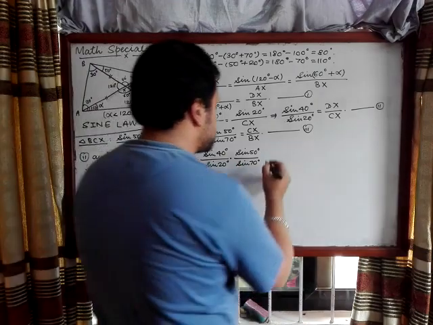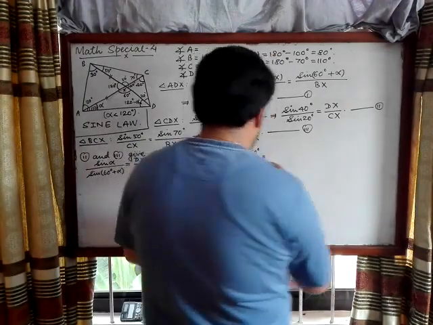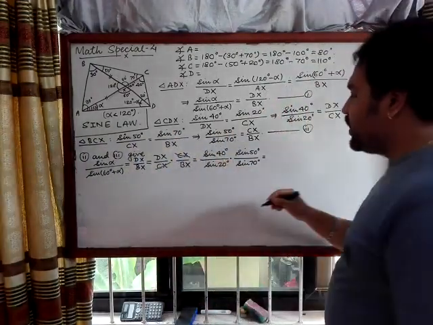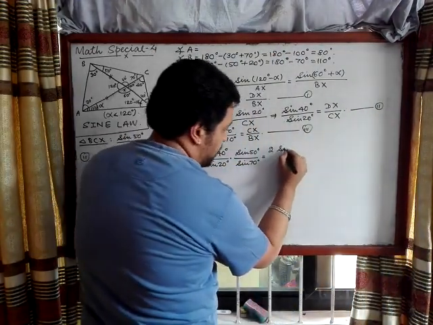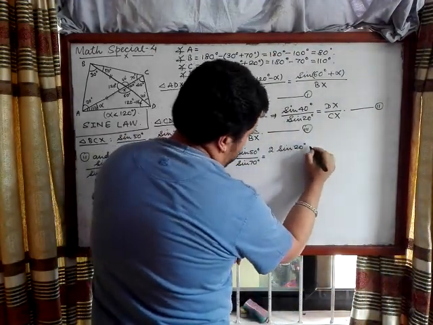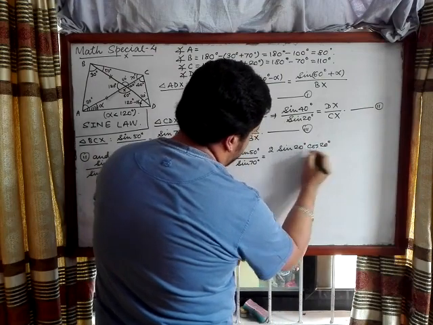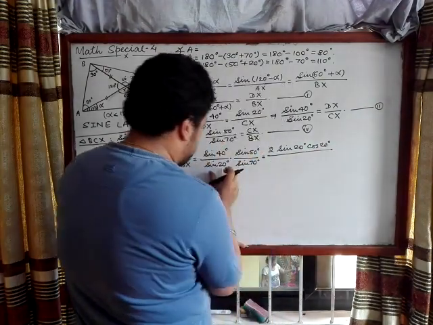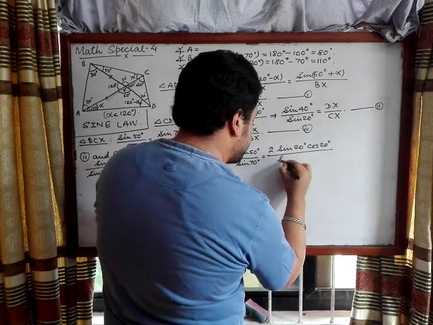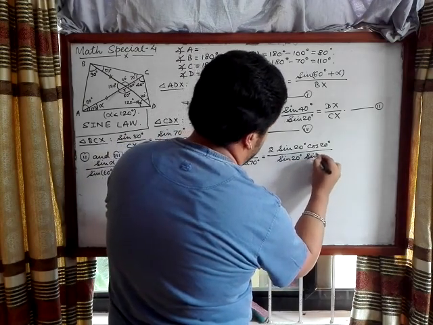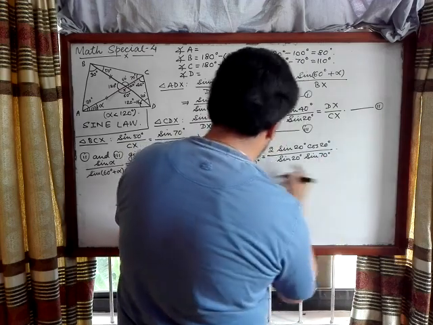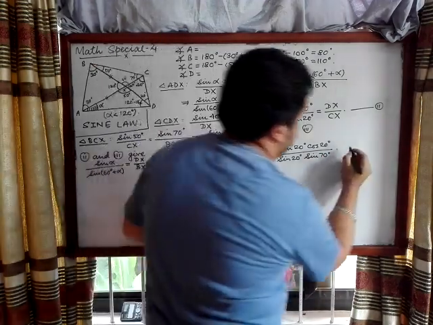Now if we carefully see, sine 40 means 2 sine 20 degrees cos 20 degrees, okay, over sine 20 sine 70, times what we have is sine 50.